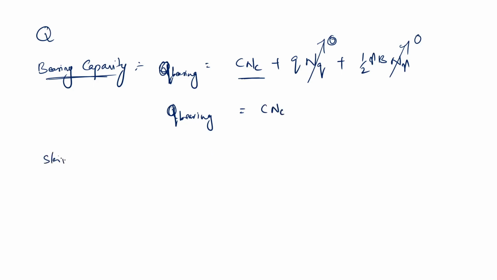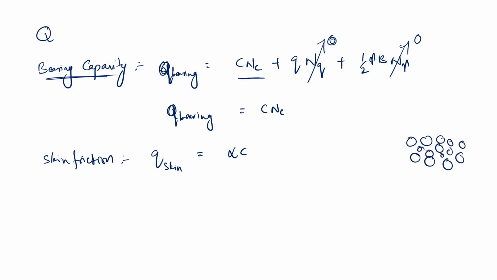Skin friction resistance, you can calculate skin friction as alpha times cohesion, or alpha times shear strength value. If you take only the frictional resistance between the clay soil particles, that is C, cohesion.